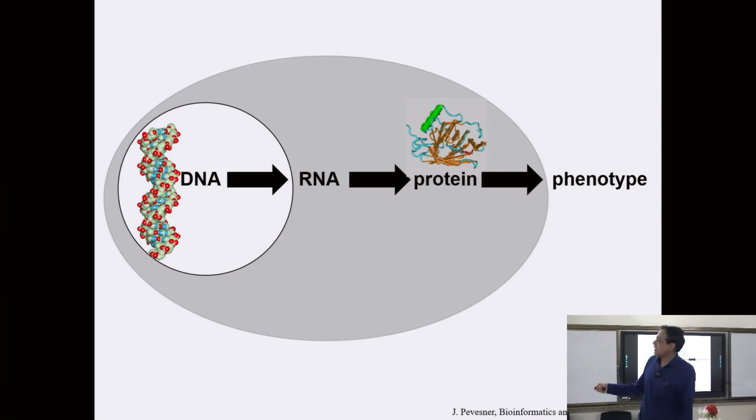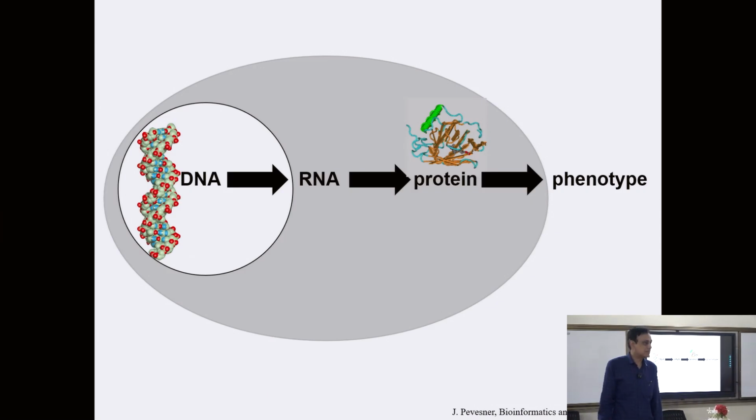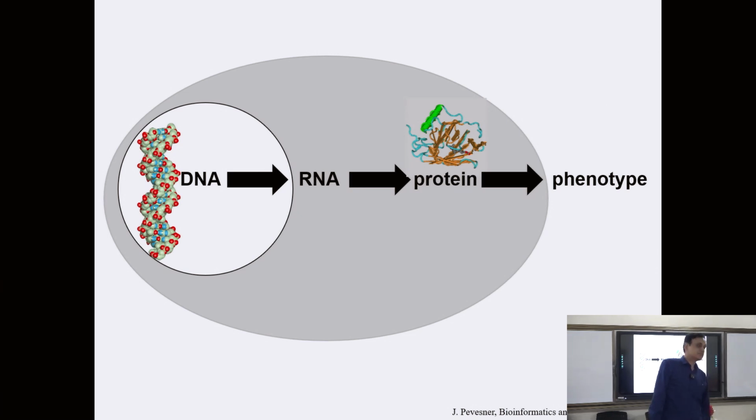DNA, double helical structure, can make a copy of itself, and this is called replication. All these things are happening within the cell of an organism. DNA is within a nucleus, which is a membrane bound organelle, and DNA can replicate to make a copy of itself. Replication.